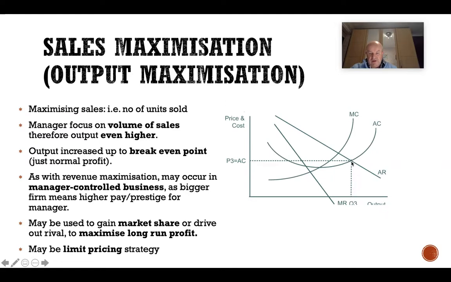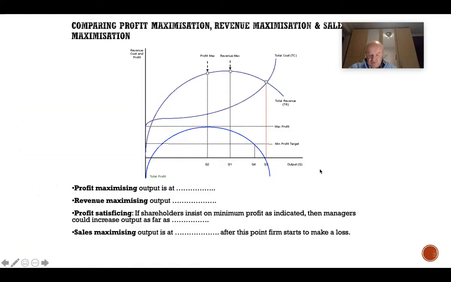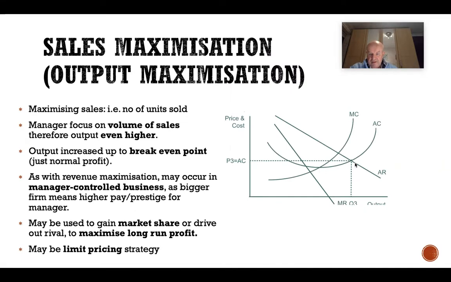You can see in this scenario we have gone way past the production level for marginal cost and marginal revenue, and we've gone to the point at which we're achieving normal profits at break-even point, where in this case our average cost and our average revenue are the same.